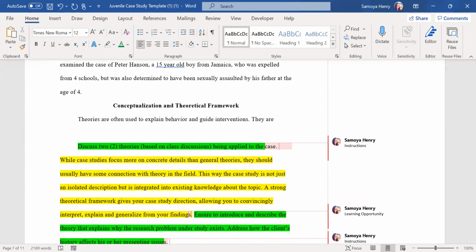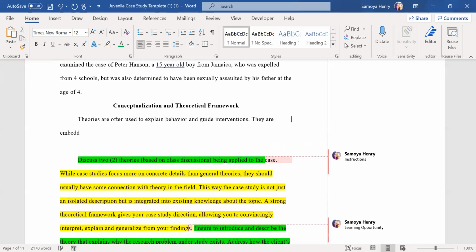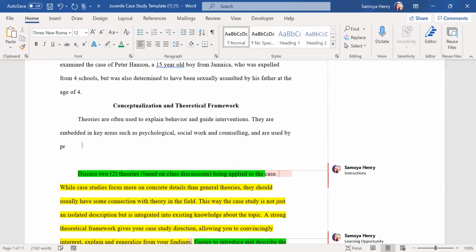They are embedded in key areas such as psychology, social work, and counseling, and are used by practitioners to inform practice. Okay.